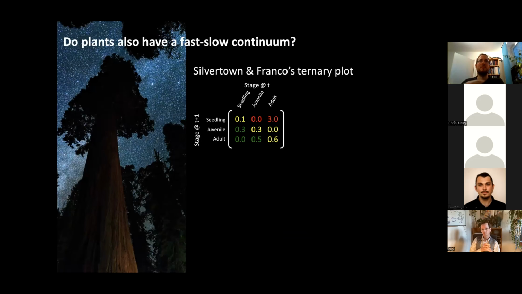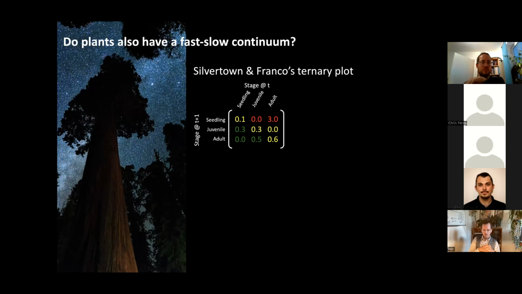Now, there have been attempts to tackle whether the fast-slow continuum does apply to plants as well. And I'm here showcasing some really exceptional work by Jonathan Silvertown and Miguel Franco. This work really is what incepted the origin of COMPADRE back in the 90s, by the way.